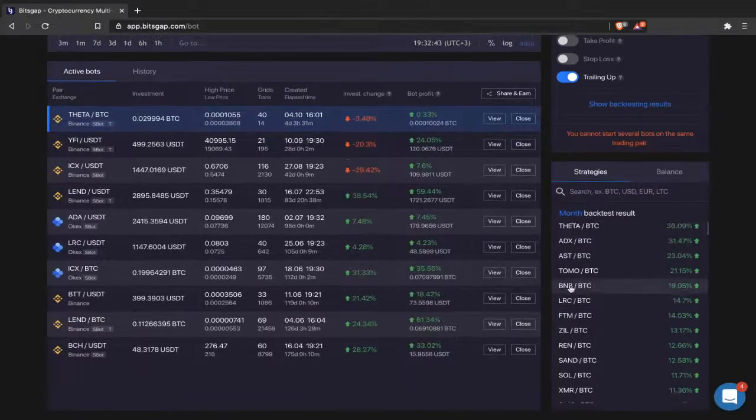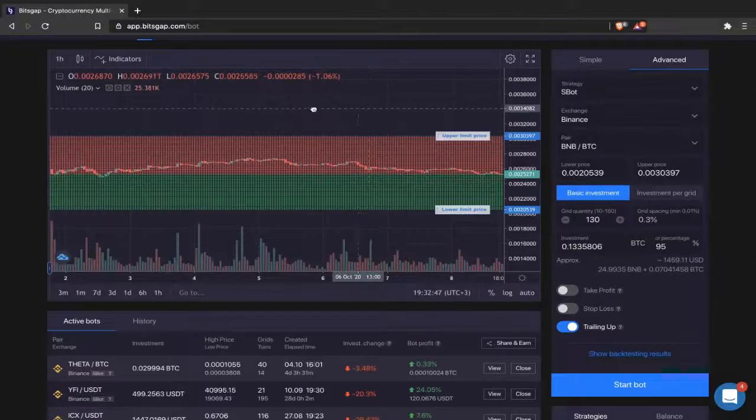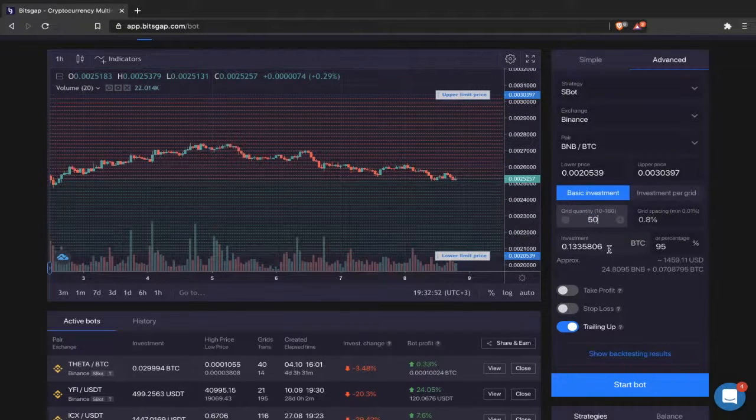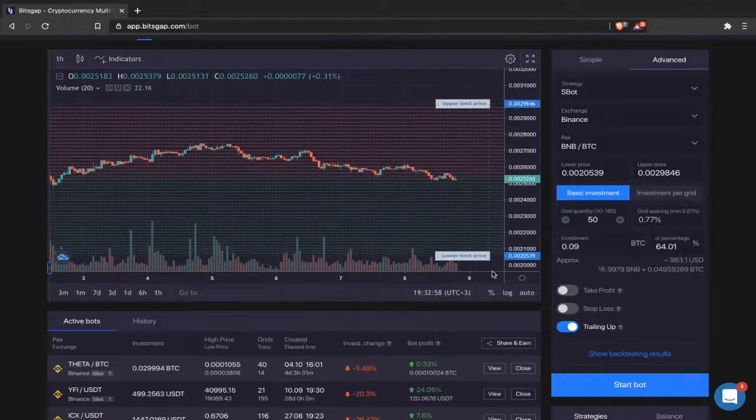So yeah, once again, well, let it be BNB trading to Bitcoin. Let's set 50 grid levels. Let's use 0.09. So here we go.